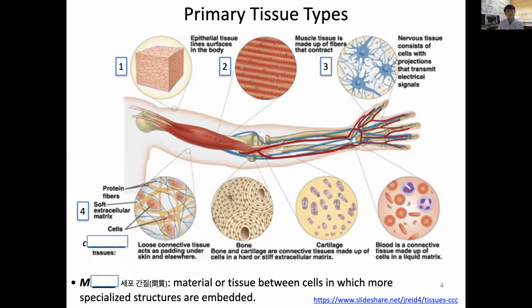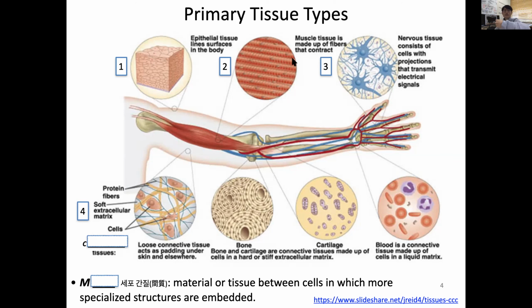Now, let's discuss the primary tissue types. Here's an example. Let's consider our arm and its surface. The surface has multiple layers of cells, which is called epithelial tissue. Its role is lining the surfaces in the body. And second, for contraction or for movement, we need muscle tissue, which is made up of muscle fibers which can contract.